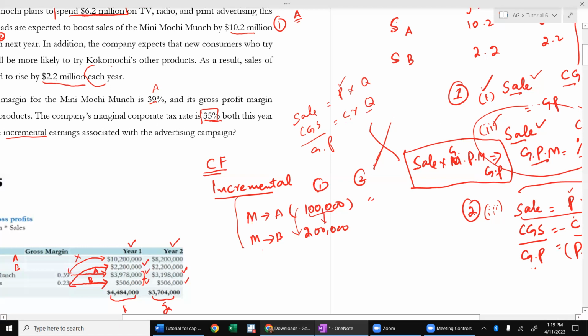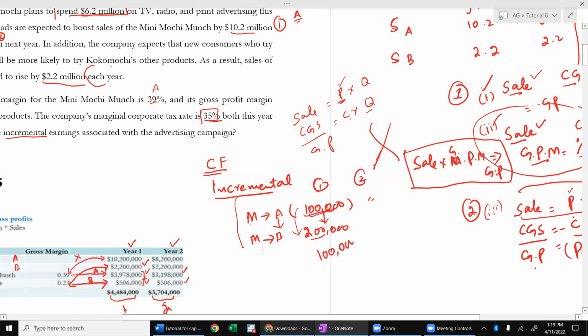If I bring a new machine, am I increasing the price? If I bring a new machine from A to B, the production capacity of A is 100,000 and the new machine's production capacity is 200,000, right? So it means an increase of how much?